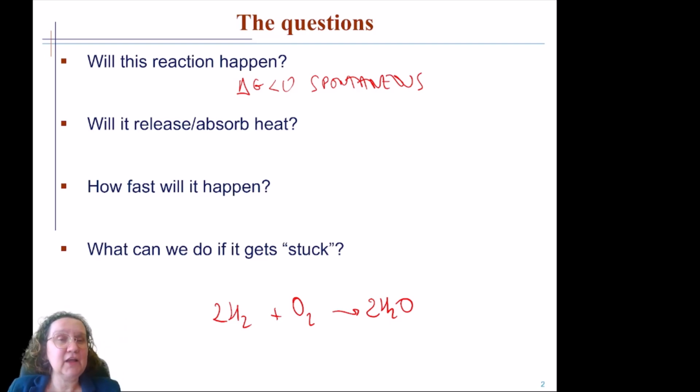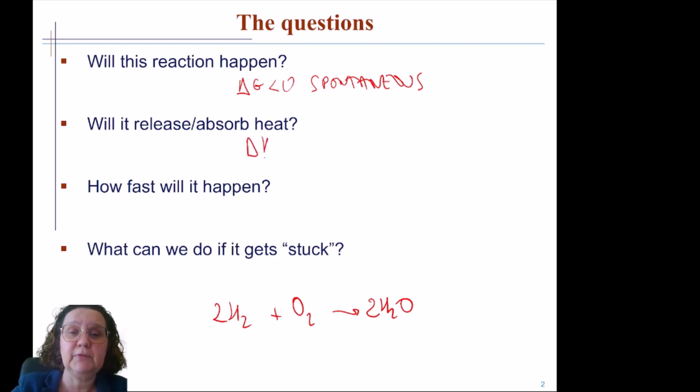Another question that we can ask ourselves when we are looking at a chemical reaction is, will this reaction absorb heat? So will I have to heat it up, or will it release heat? And we have another thermodynamic variable to help us answer that question, delta H, enthalpy.